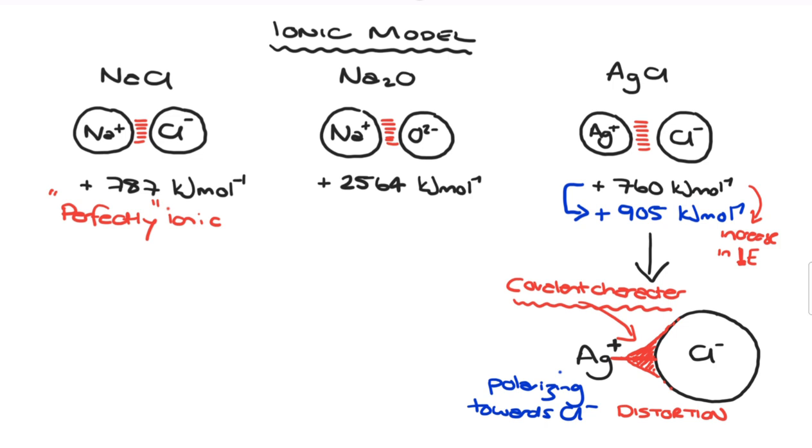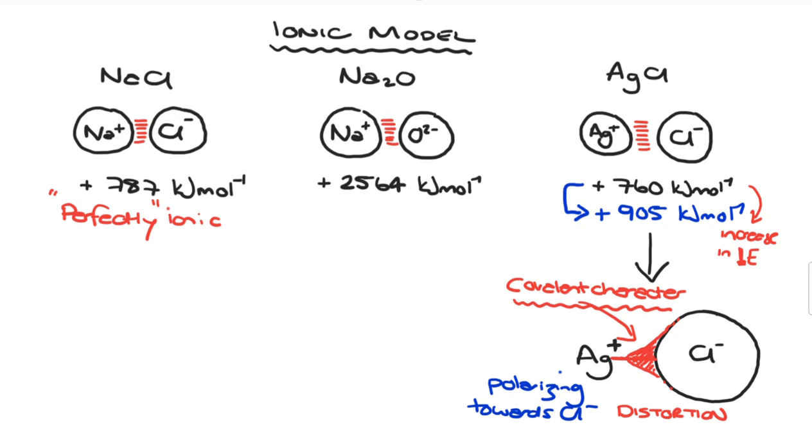Likewise, if the chloride ion was replaced for a larger ion, such as bromide or iodide, then we could again get further distortion because the negative ion is increasing in its size and the attraction to its outer shell electrons by the nucleus is lower because of shielding and so on, as you saw in AS chemistry.